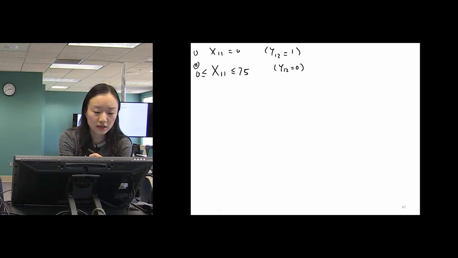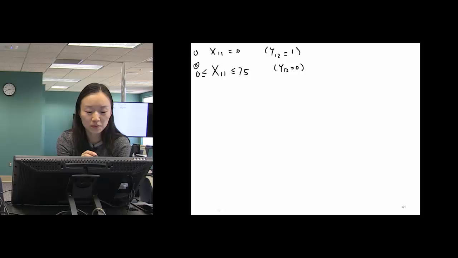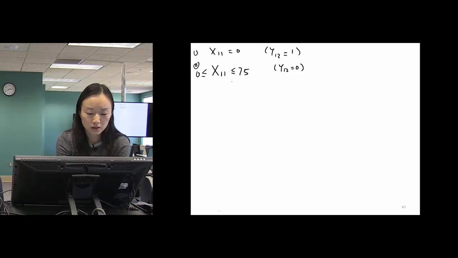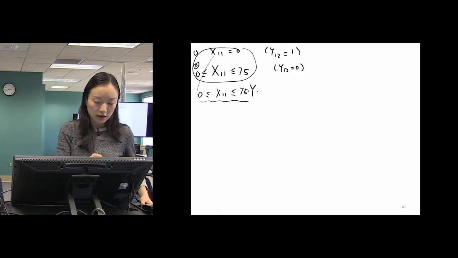And let's see, how do we write a constraint so that x11 will be 0 in one case and between 0 and 75 in the other case? If we multiply another y by the 75, would that work? So look at here again.